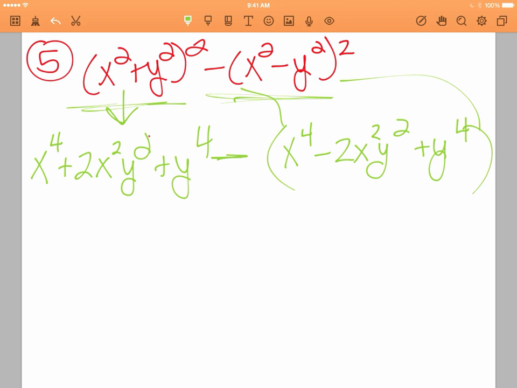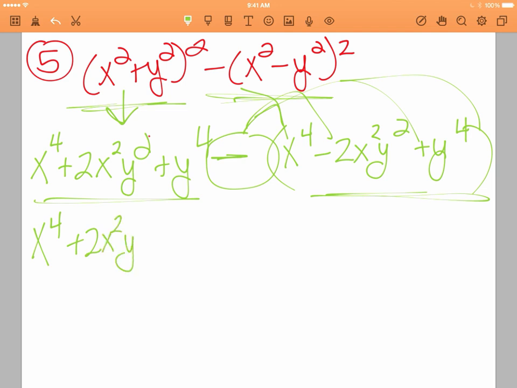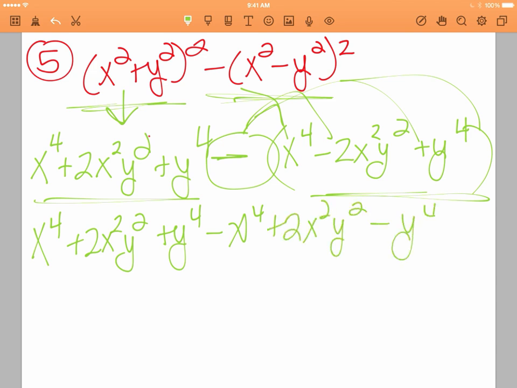Just check to make sure those numbers are the same thing for example 3 and example 4. Now this minus sign here means you're going to change the sign inside those parentheses. So it becomes x to the 4th plus 2x squared y squared plus y to the 4th minus x to the 4th plus 2x squared y squared minus y to the 4th. Notice how all the signs changed.